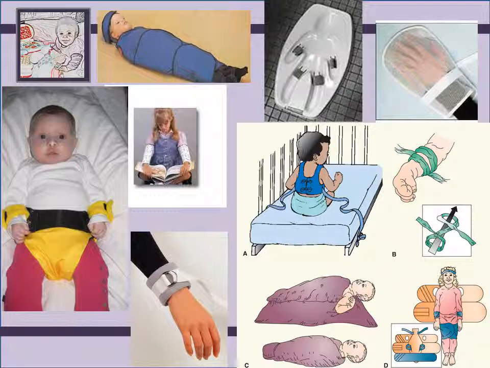Sometimes the mummy restraint is referred to that. This is the circumcision board that is used when infants are circumcised, the mitten, and various other restraints. Again, make sure restraints are applied appropriately and not too tight.